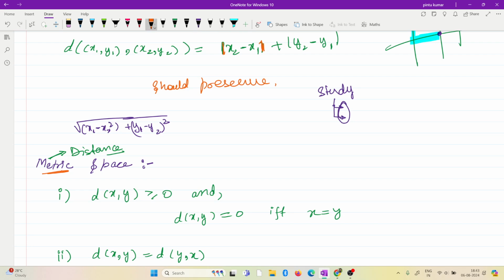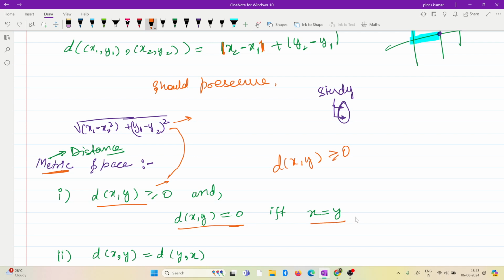So the properties that we are preserving: the first one is that the distance between any 2 points should be greater than or equal to 0. This is very logical, that you want distance to be greater than or equal to 0. Okay. So we saw that Euclidean distance satisfies this property. So we included this in the definition, that distance between any 2 points x and y should always be greater than or equal to 0. And it can be 0 if and only if x and y are the same point.